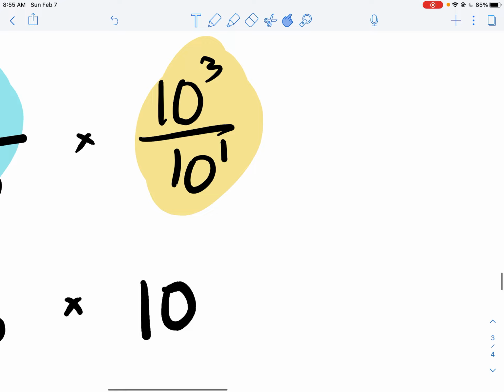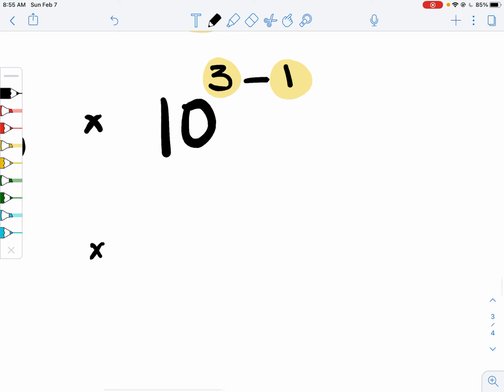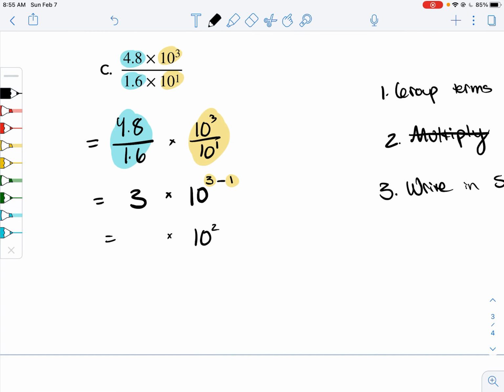This dividey guy right here turns into a minus guy in our subtraction of our exponents here. So we take our exponents, we subtract the top minus the bottom. 3 minus 1 is 2, so that's 10 squared. That gives us an answer of 3 times 10 to the second power, which is 300, so that's fun.